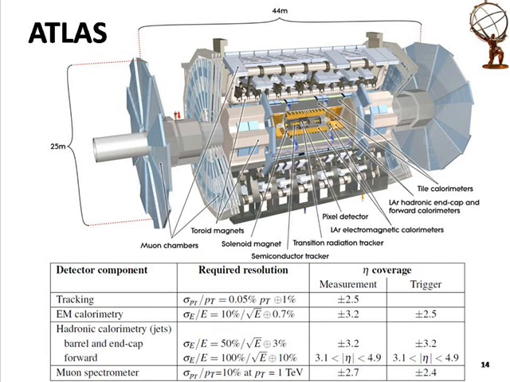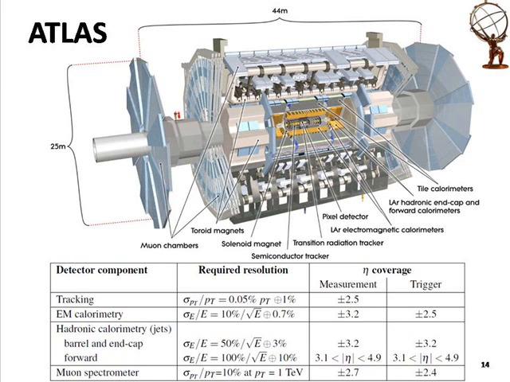ATLAS is a very large detector. If you look at the figure of the dimensions, it's 44 meters long, 25 meters high, and it has very complicated sub-detectors. The very inner one is the tracking detector.